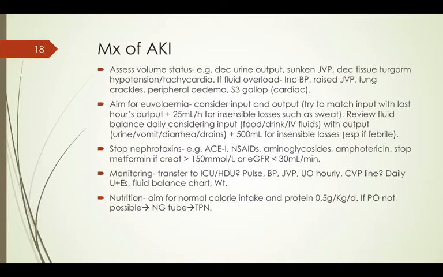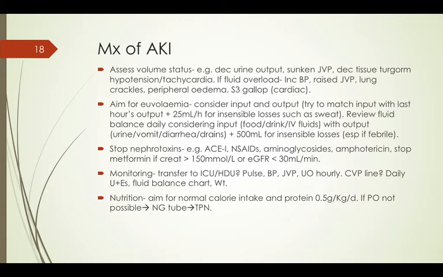So management. Really, we're trying to think about how we can prevent further damage to the kidneys and maintain a good volume status. So assess their volume status. Again, very simple things under the heading of C, circulation in the A2E. So we're thinking about urine output, so put in a catheter to assess this. Think about the JVP, the turgor of the skin, have a look at their obs.